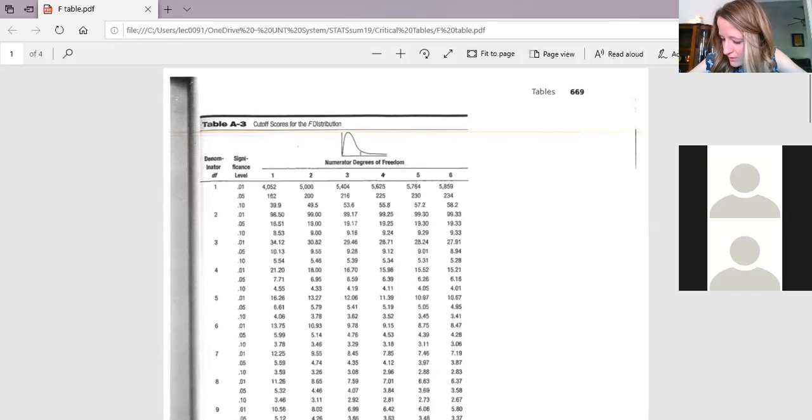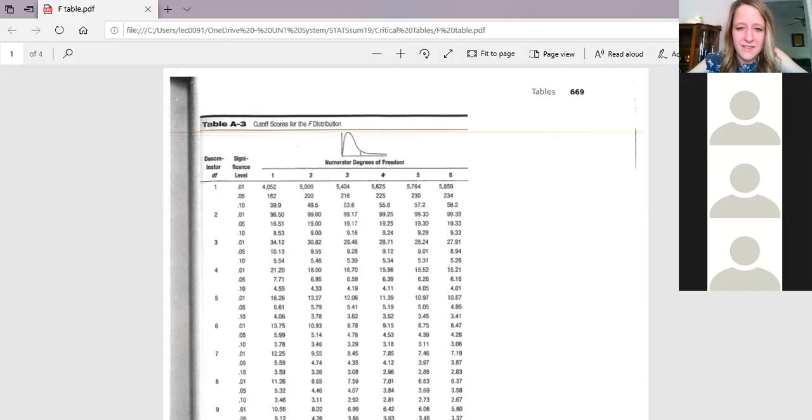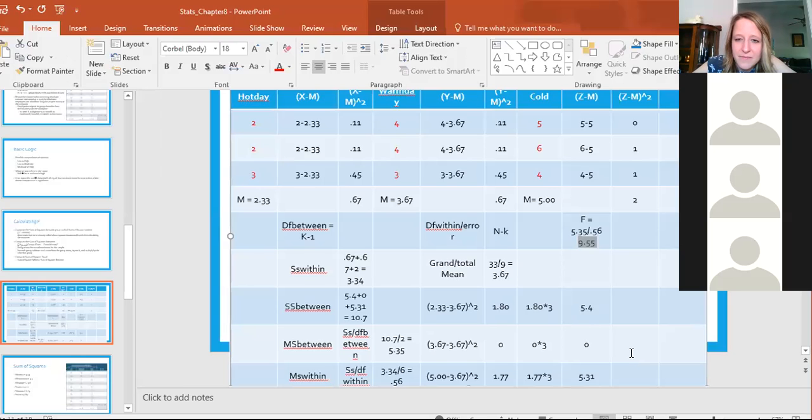10.71. Oh, hold on, I have something from Carrie. 10.71 is fine. Yeah. So when we round, can you go back to the table? I'm trying to see it from your screen. It was 3.67 minus 3.67, and then you square that.